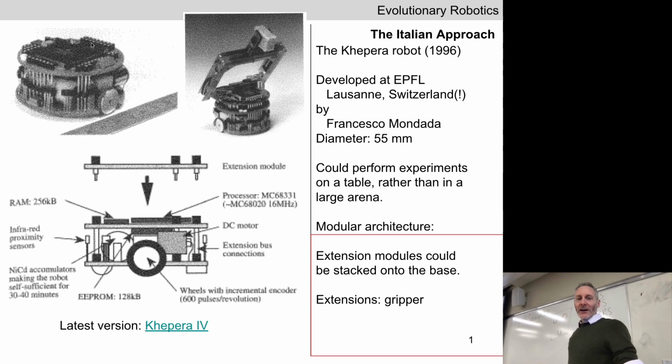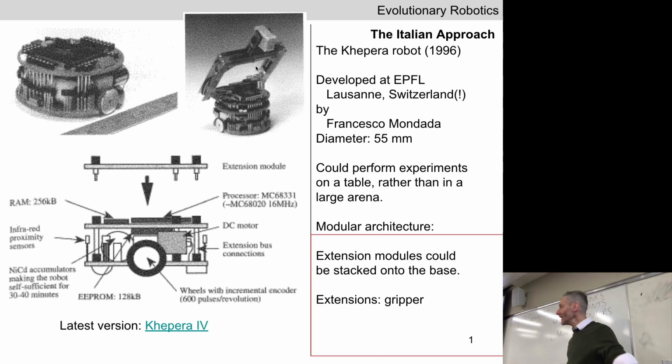Okay. The Khepera robot's about the size of a hockey puck. The nice thing about the Khepera, and there are versions of it that still exist today, is it's kind of stackable. It's plug and play. So there's the sort of drive train underneath, these two motorized wheels, one left and one right, and you can stack things on top.